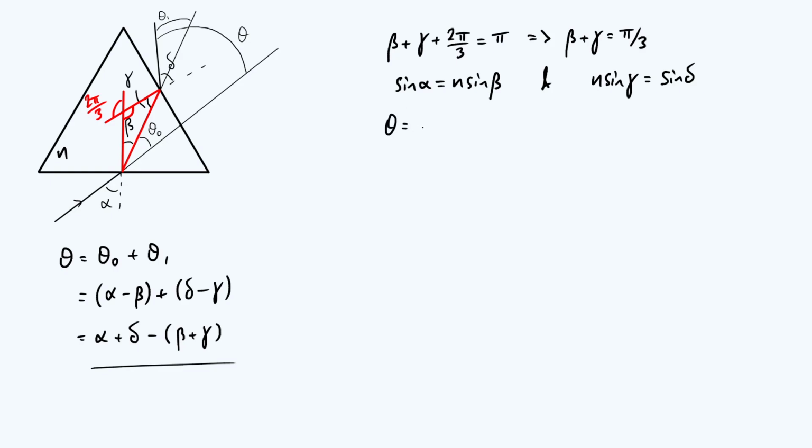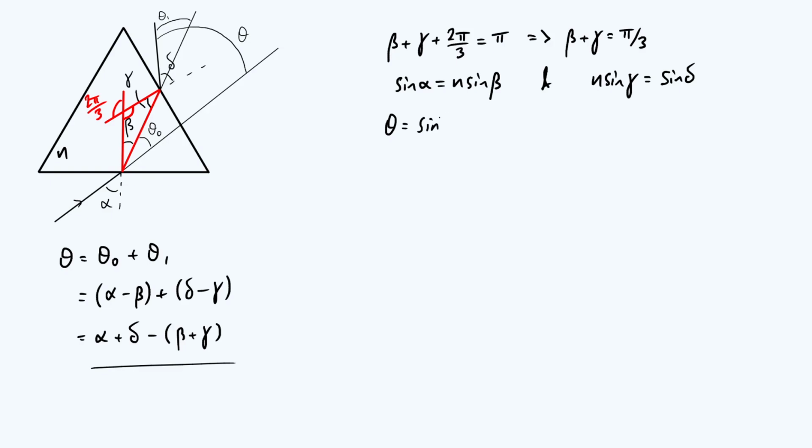So theta is going to be, well, if you think about this first relation, we could write alpha as the inverse sine of n sine beta, right? So it might not be obvious at this stage why we want to do that, but it is going to make this problem a bit easier to deal with, right? So let's write it like that.